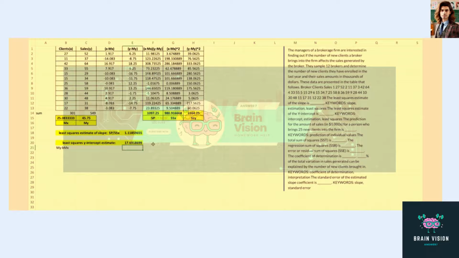So I'm going to take my mean of y, subtract my slope times my mean of x. And then it says, the prediction for the amount of sales, in $1,000, for a person who brings in 25 new clients to the firm is.